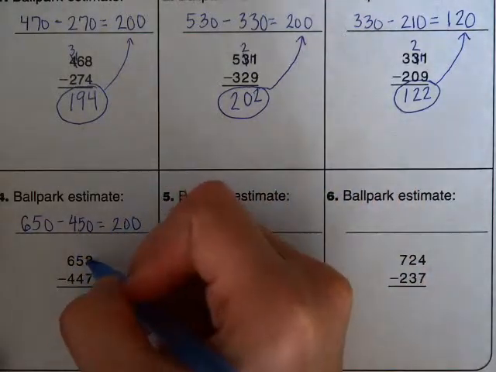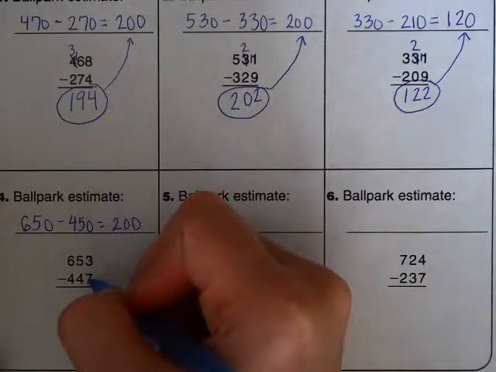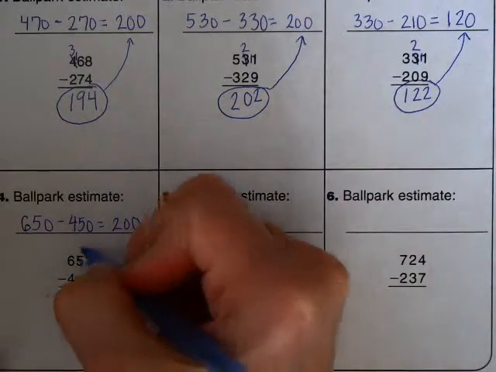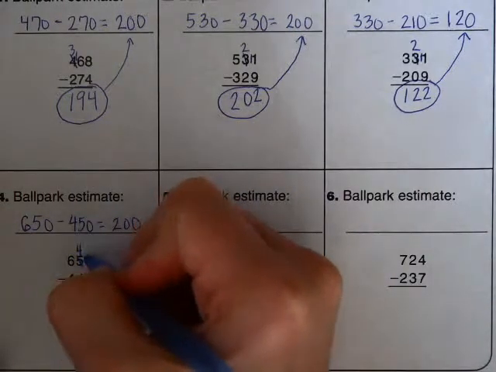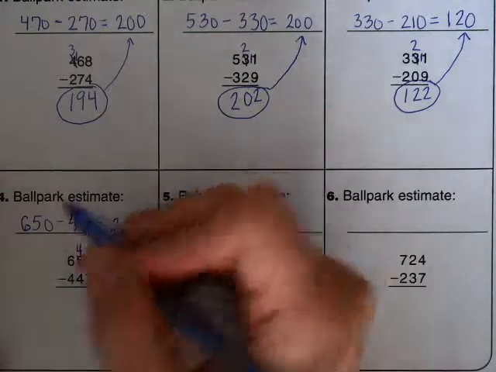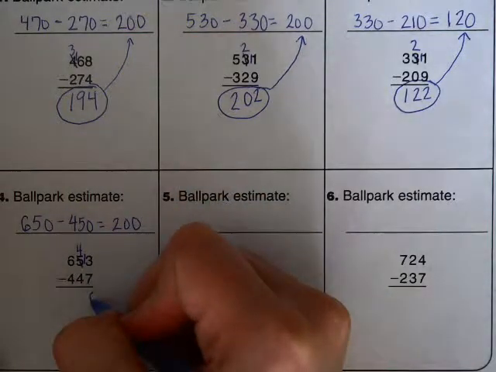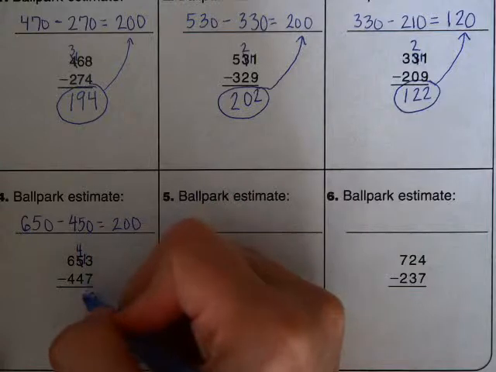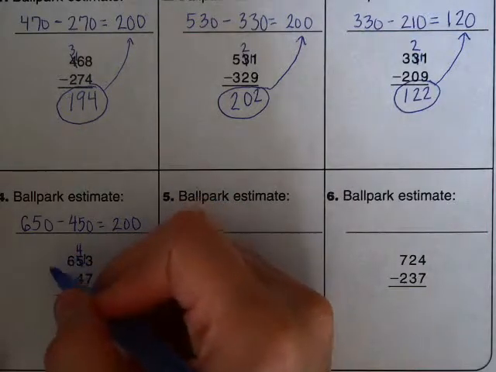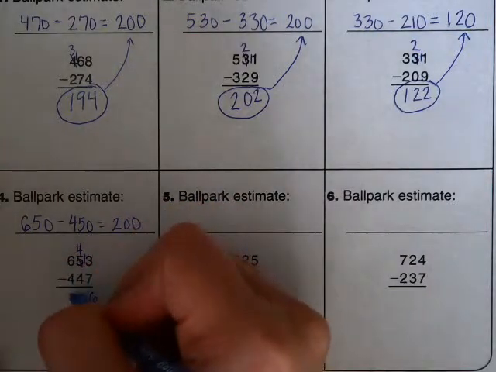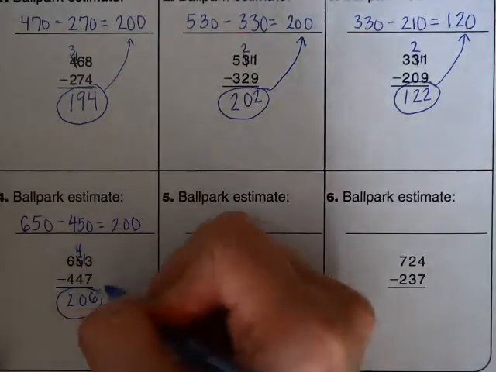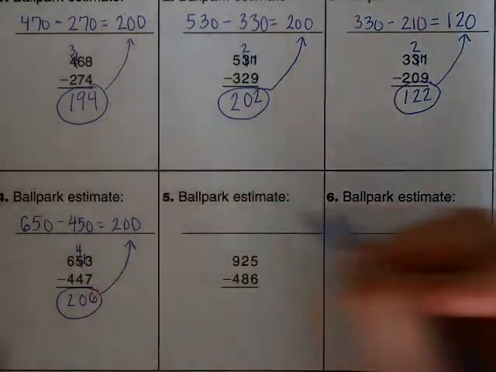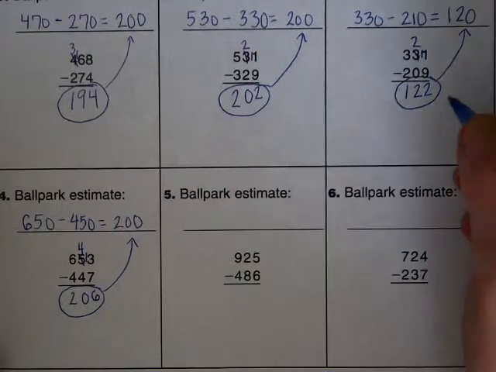Alright, and then we're going to subtract. 3 minus 7, we can't do that, so we're going to borrow 10. So that's 4, and put it here. 13 minus 7 is 6. 4 minus 4 is 0, and 6 minus 4 equals 2. 206. Okay, 206 is very close to 200, so that works.